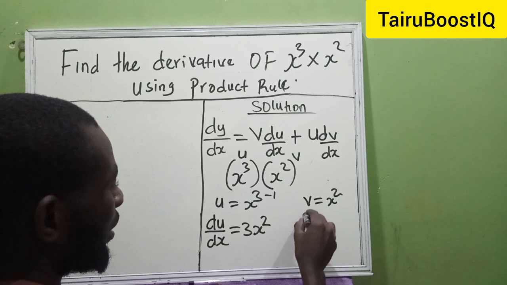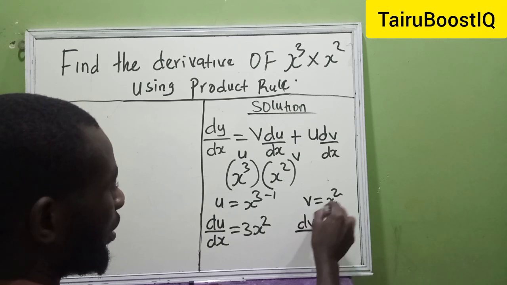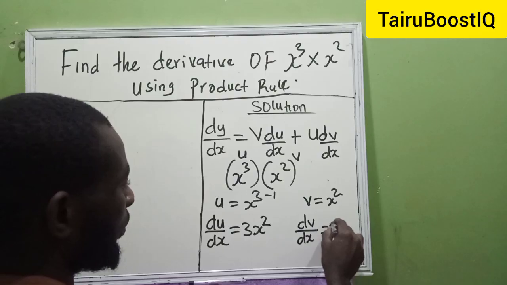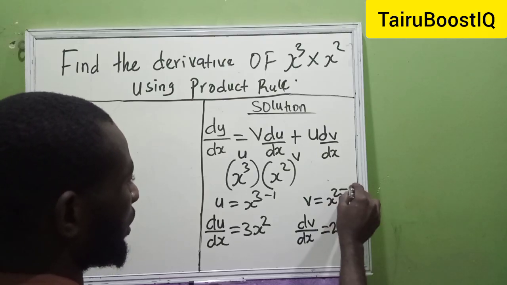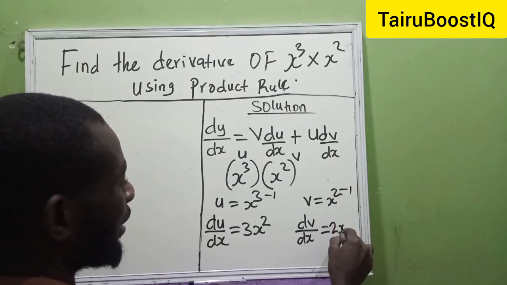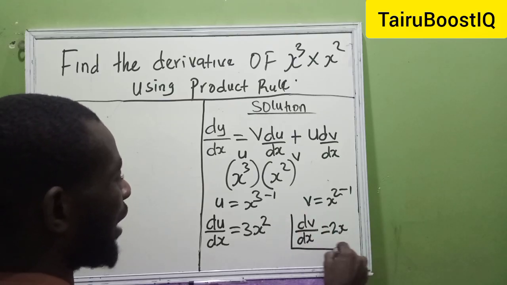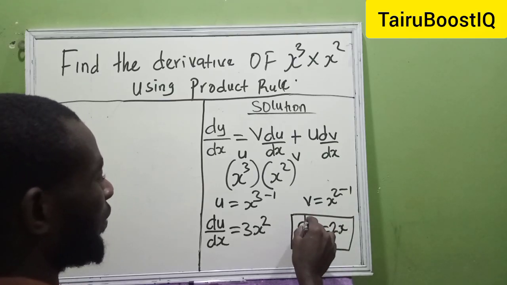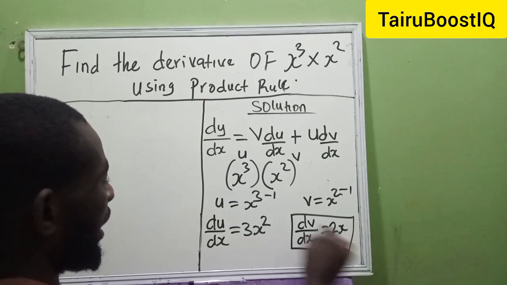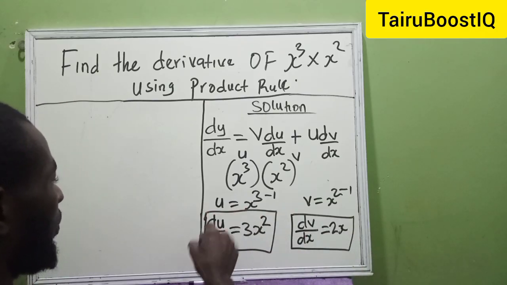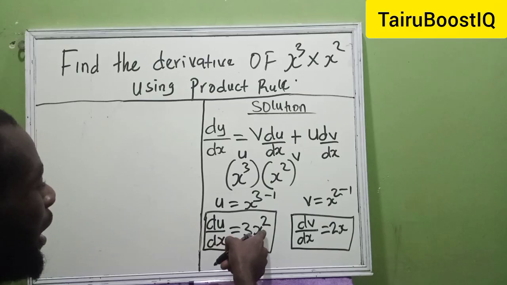The same thing here, dv/dx is equals to, this 2 will come down, we now have 2x, we take away 1, so we can write either x raised to power 1 or we leave it. We have our dv/dx to be 2x, and our du/dx to be 3x squared.